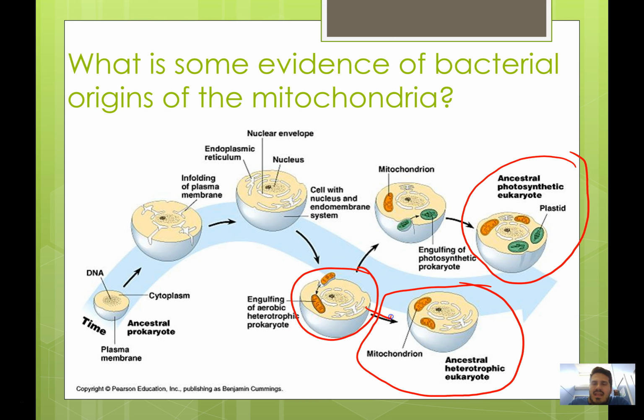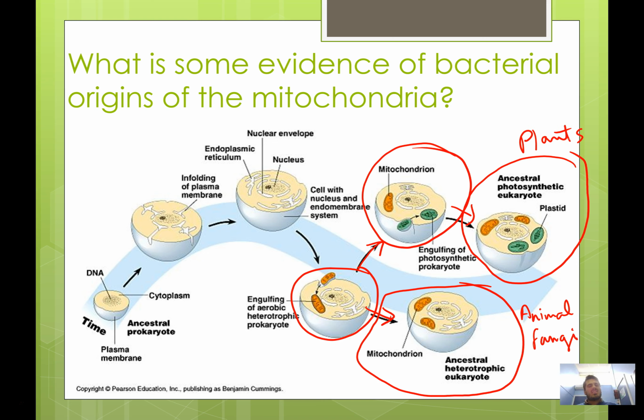Then that ancestor split into cells that later became things like animal cells and fungi, and it also split into a cell that later on took up chloroplasts. That cell later became the cells that became plants. Cool. So that's an interesting way it breaks down when the mitochondria were taken up and when the chloroplasts were taken up.